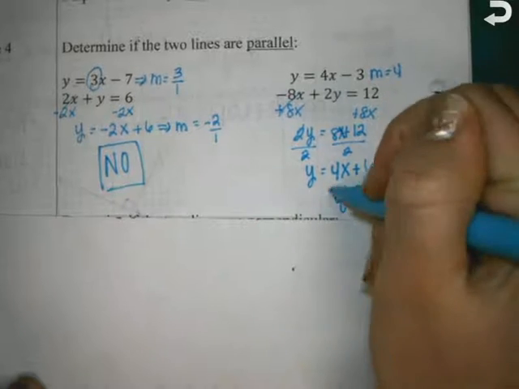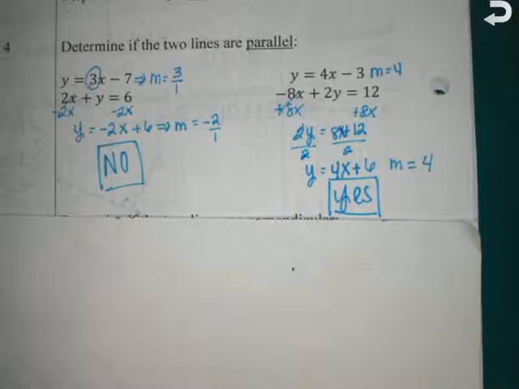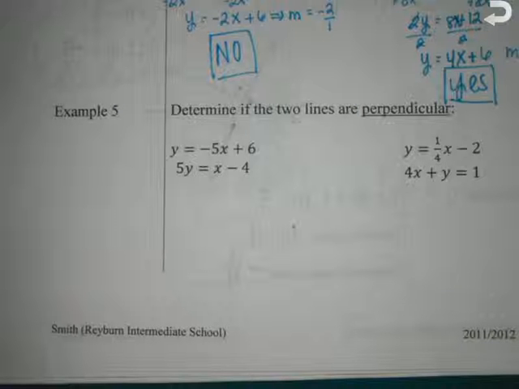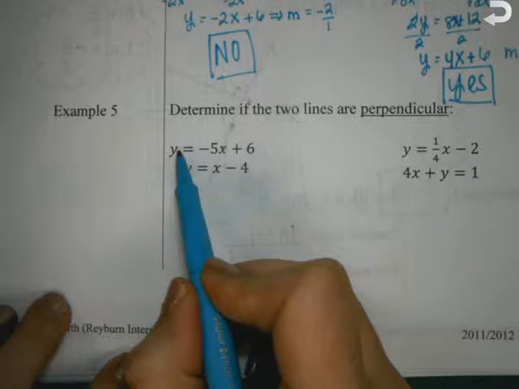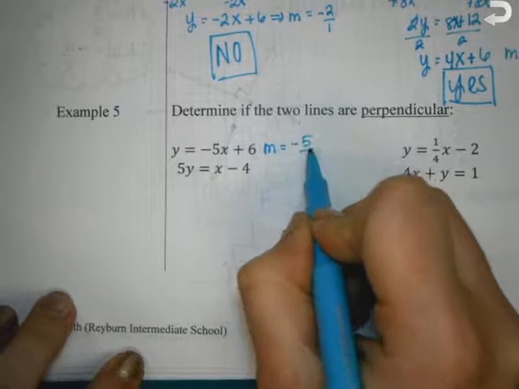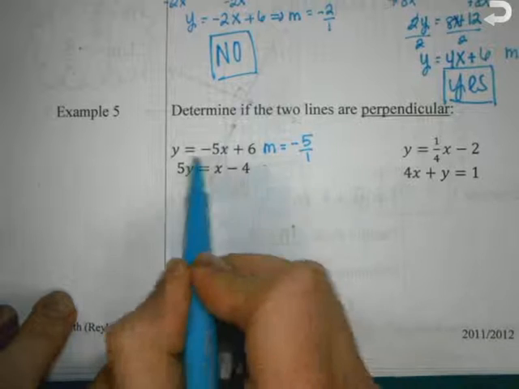Now I want to decide if these two lines are perpendicular. What is the slope of this first one? Negative 5 over 1. This second one, we almost have y by itself, so what do we need to do? We need to divide by 5.